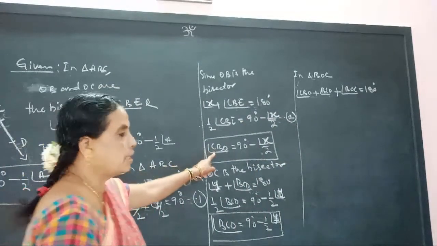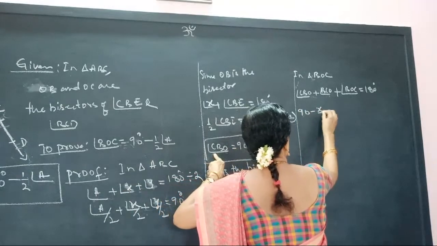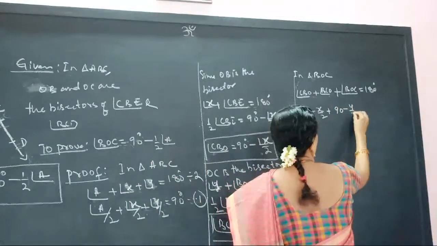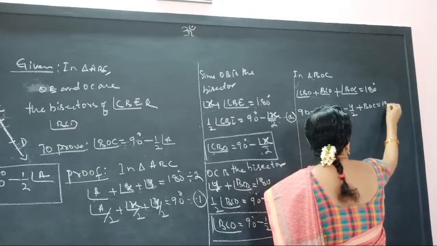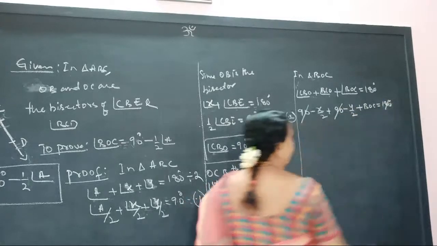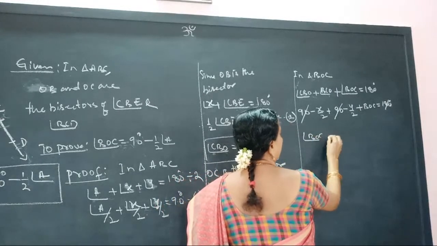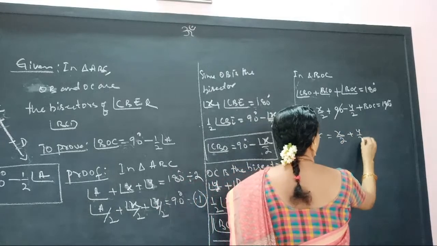We can write CBO as 90 minus x by 2, BCO as 90 minus y by 2, plus BOC equals 180 degree. Here 90 degree, 90 degree, 180 get cancelled. Angle BOC equals x by 2 plus y by 2.